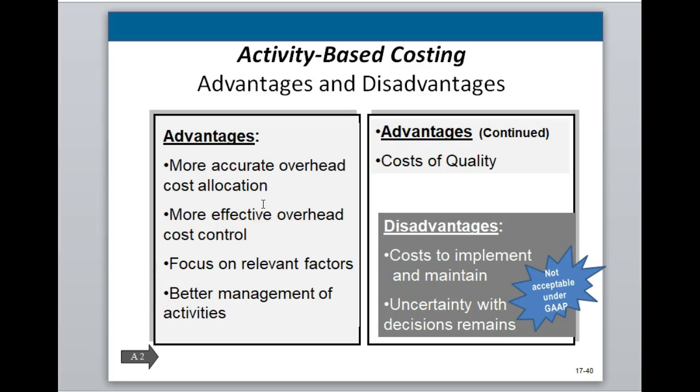So looking at the advantages and disadvantages, you've got, it's much more accurate as you look at it. I mean, just comparing the custom to the standard go-kart. It's a more effective overhead cost control. It's easier to get in there and say, oh, we need to lower this. Why is this one so high? What needs to change here.